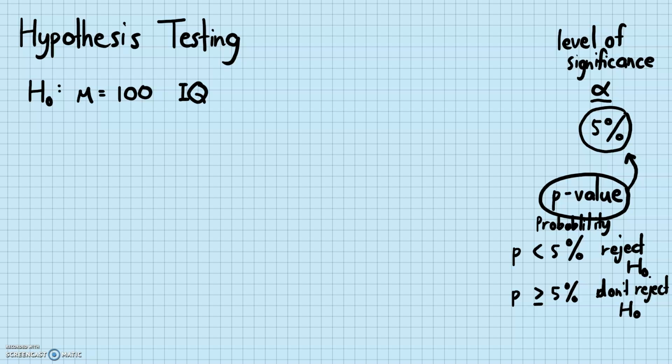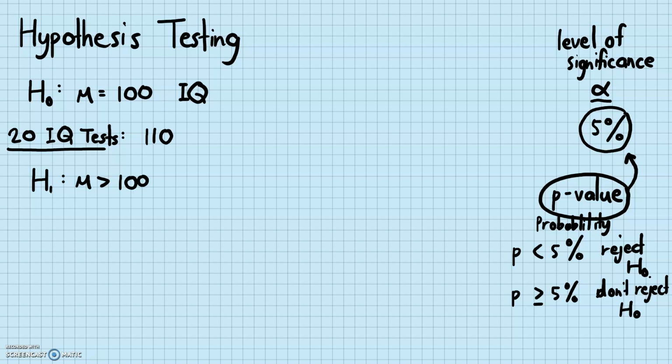And let's say that you took 20 IQ tests and averaged the scores, and you got an average of 110. Now your alternate hypothesis is that you have an IQ that is greater than the average.